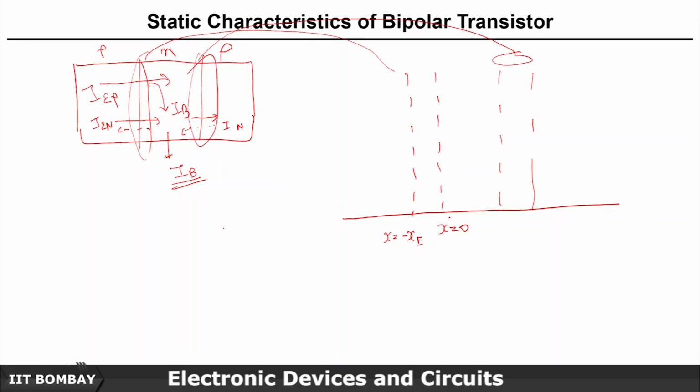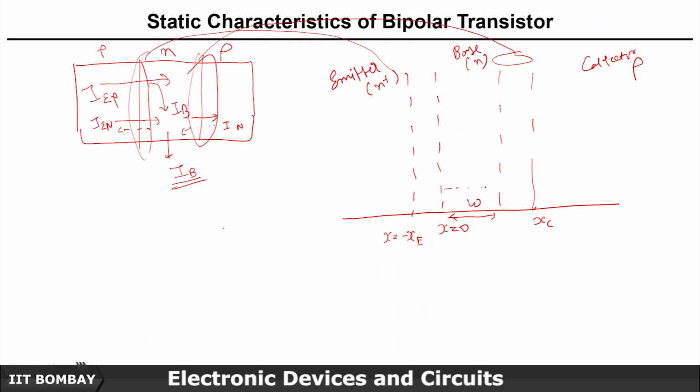The width of the base is W here, and let's say this is XC. So this is the emitter region with N positive, this is the collector region P, and this is the base N.